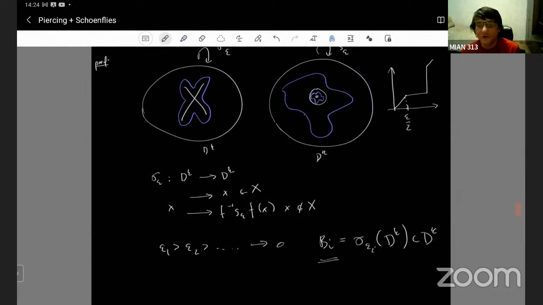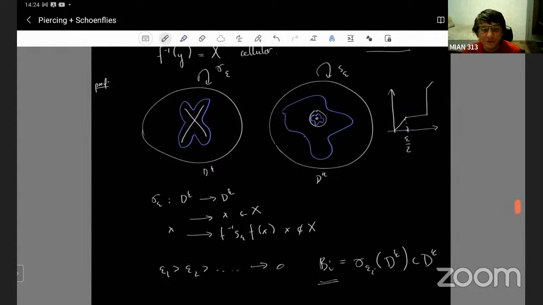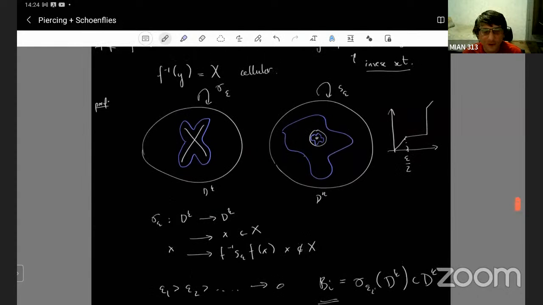Why can't you just take, so you have one point in the range, in the target, which has a non-trivial point inverse. So why can't you just take its disk neighborhoods, epsilon neighborhoods, round balls around this point, and take their preimages?